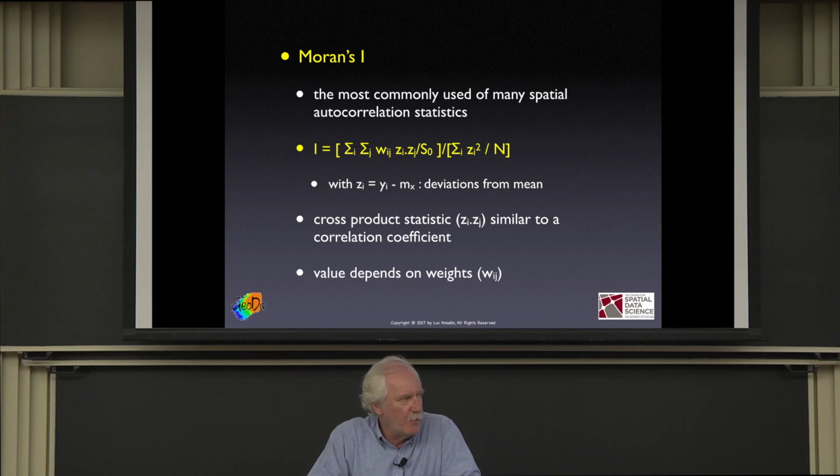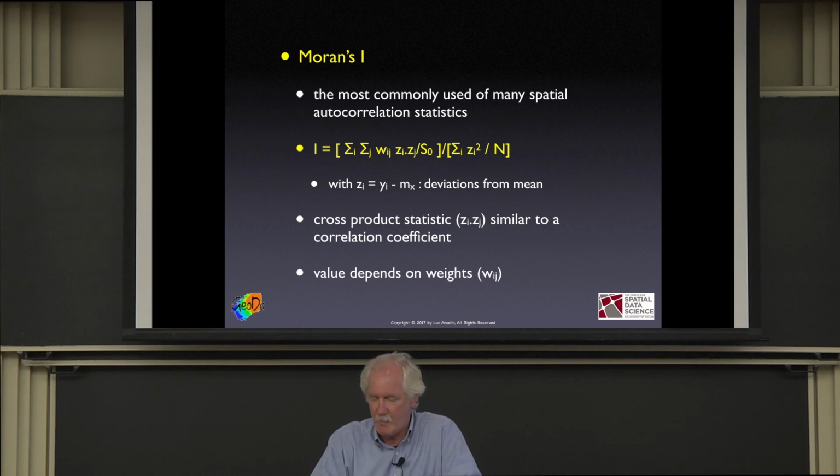These values are multiplied with each other, but as I mentioned the other day, they are pre-multiplied by the weights. So only if the weights are not 0 do these cross products actually count. When I and j are not neighbors, the product can be whatever it wants. It doesn't count in the statistic.